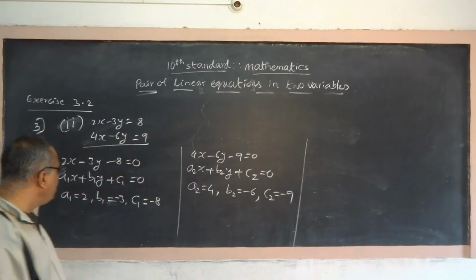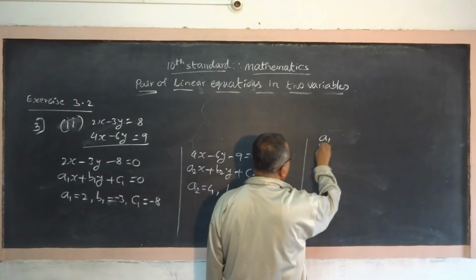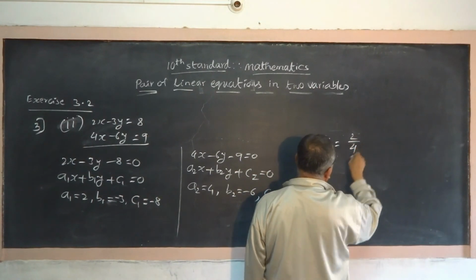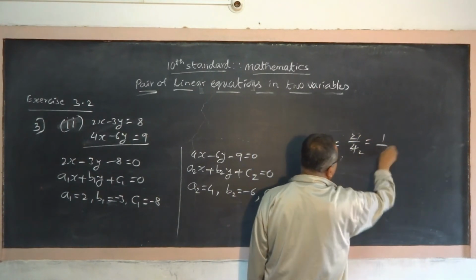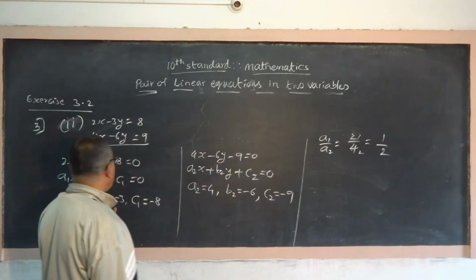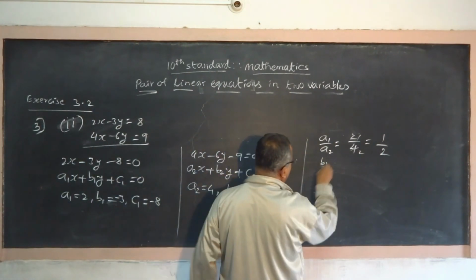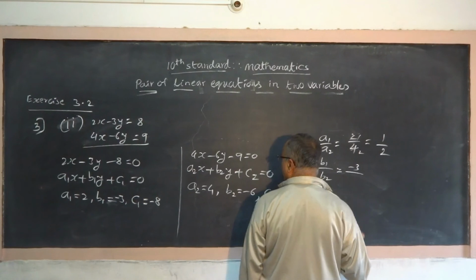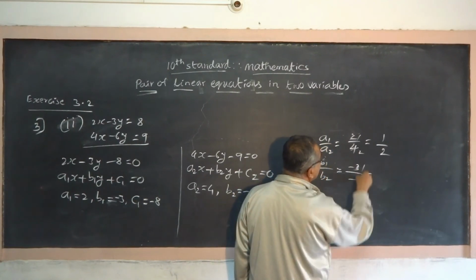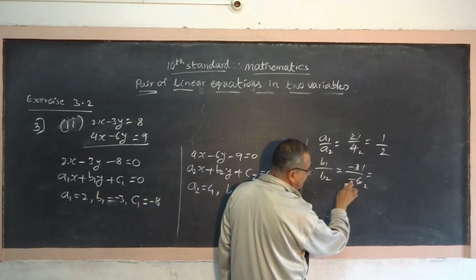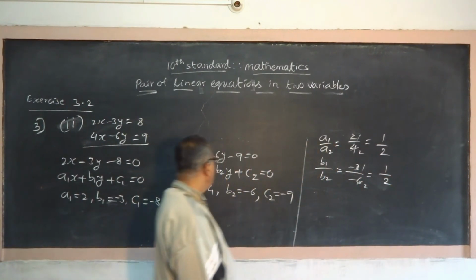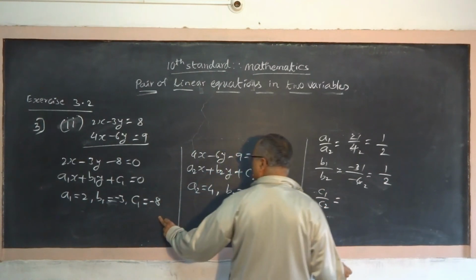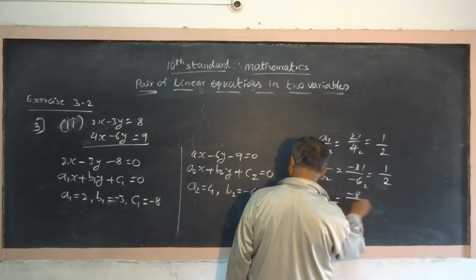Now find a1 by a2. It is 2 by 4, which simplifies to 1 by 2. Now b1 by b2 is minus 3 by minus 6, which is 1 by 2, as minus into minus is plus. Next, c1 by c2 is minus 8 by minus 9, that is 8 by 9.